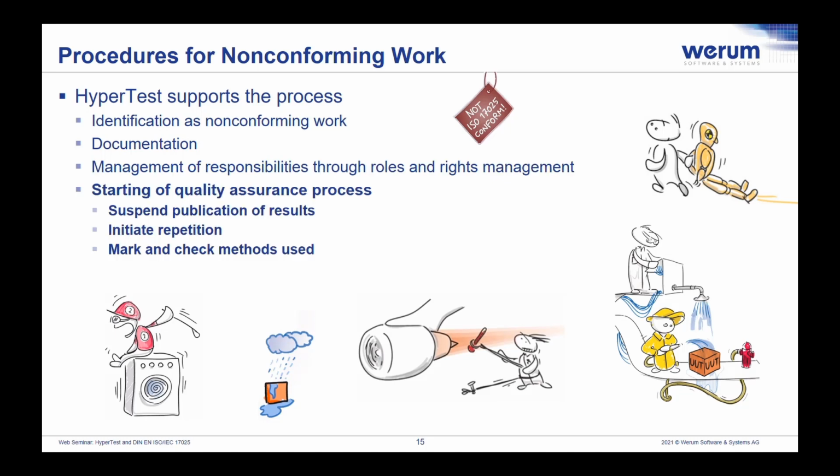HyperTest can start a quality assurance process at this point that supports the necessary further steps. Make sure that the results are not published, initiate repetition, flag the methods used, up to locking the method until it has been revalidated.